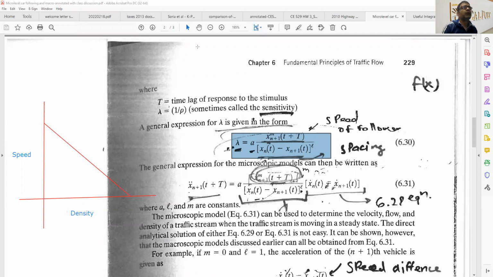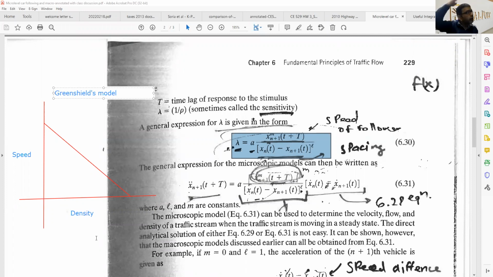As you increase the density, the speed goes down in a simple linear fashion. You can actually derive this, and this is what we used to call in CE 321 the Greenshields model.